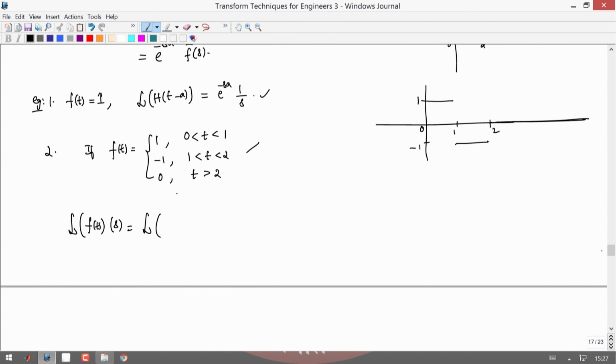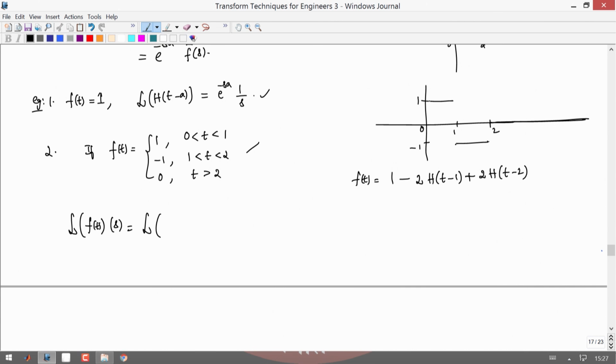So, for this example, we can represent f of t as 1 minus 2 times h of t minus 1, and then plus 2 times h of t minus 2.